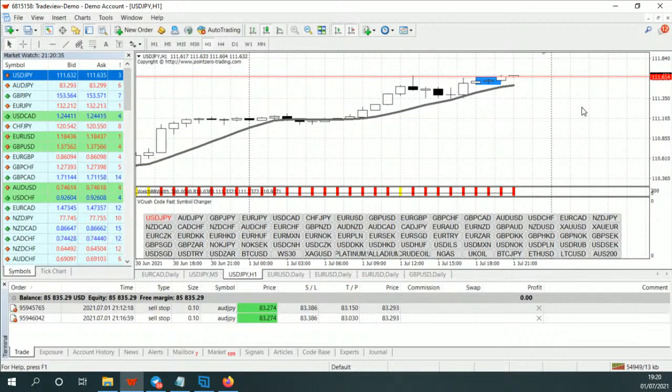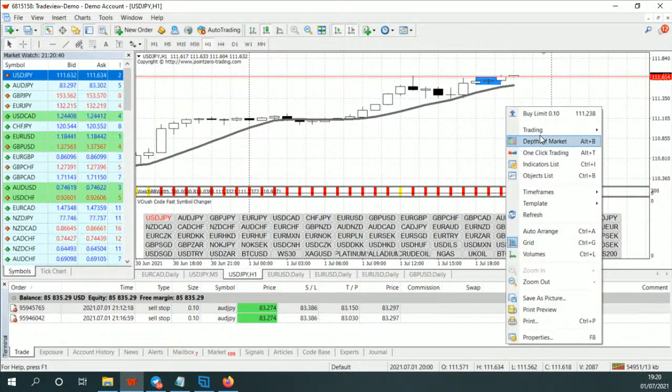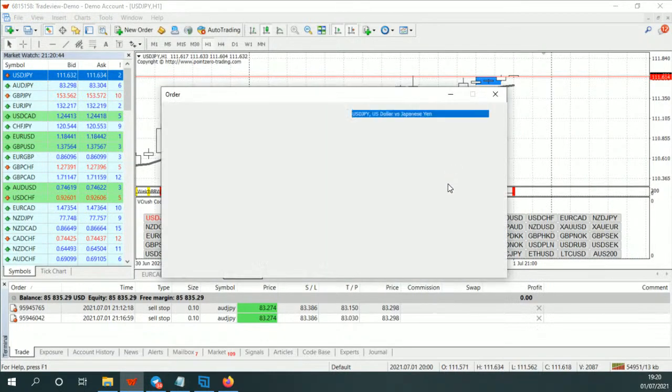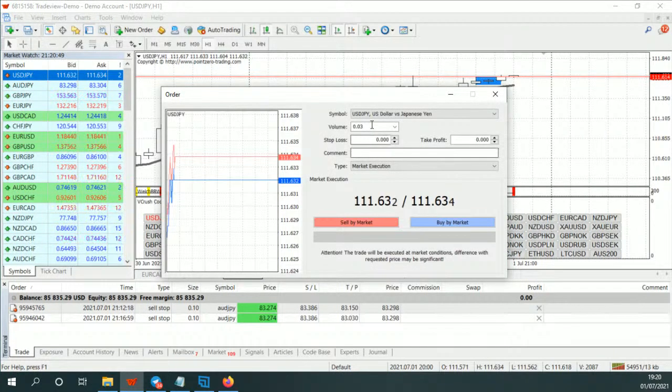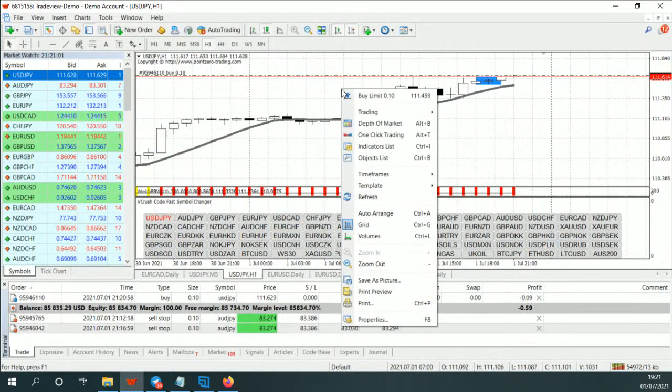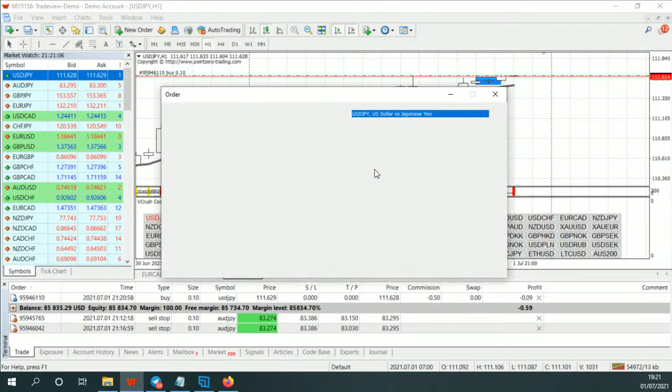For testing purposes, I'm going to say trade, buy, new order, let's leave it at 0.10. We buy here. That's 1. We're going to do it 3 times this time around because we want TP1, TP2, TP3.